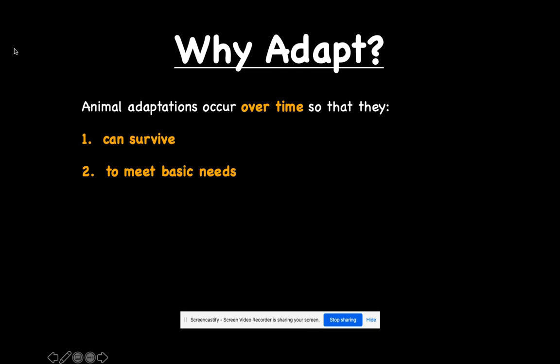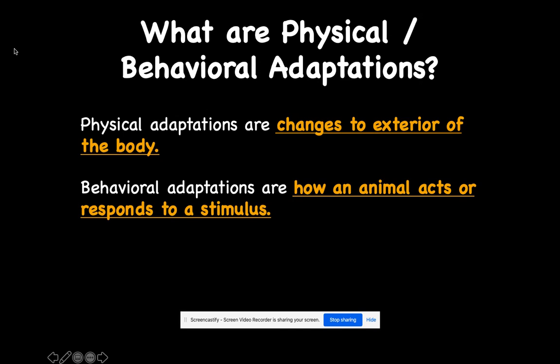Why do animals and plants adapt? Adapt is the verb and adaptation is the noun. They occur over time so that they can either one, survive, and two, meet their basic needs every day. There's two different types of adaptations, for plants and animals.